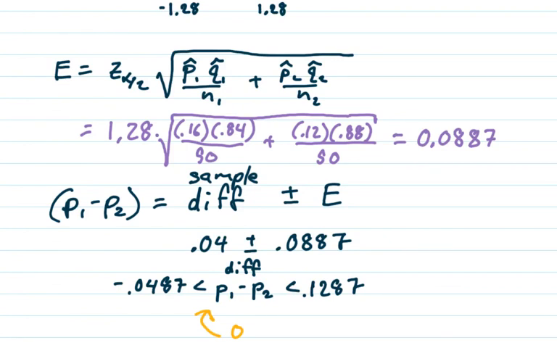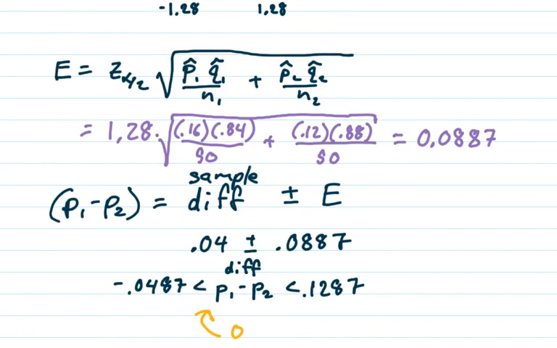And so what we are saying here is whatever these population proportions are, we have no idea, but the difference in the population proportion for burglaries versus the arrest rate for car thefts is anywhere between negative 4.87% and positive 12.87%.